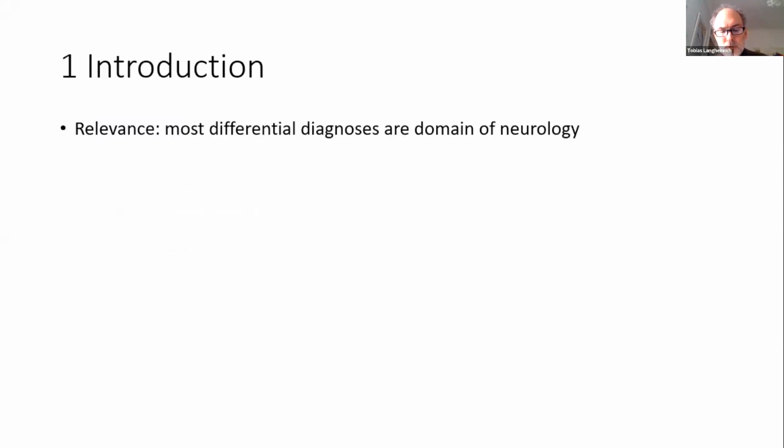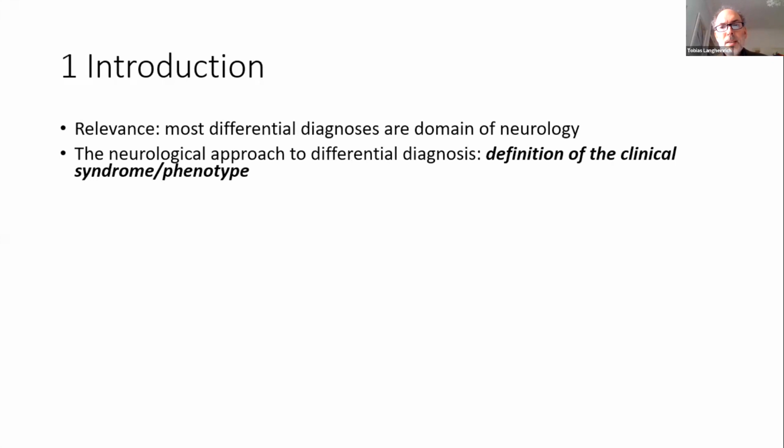Now, the relevance obviously is because normal pressure hydrocephalus differential diagnoses are most of them probably in the domain of neurology. Obviously, there are also neurosurgical ones, but many of them are in the domain of neurology.